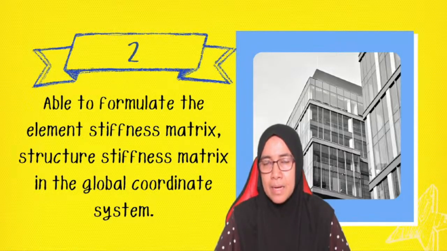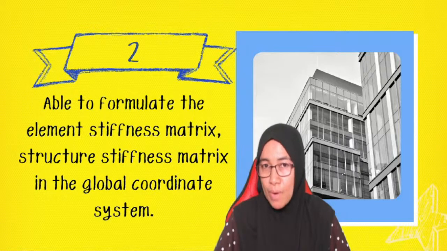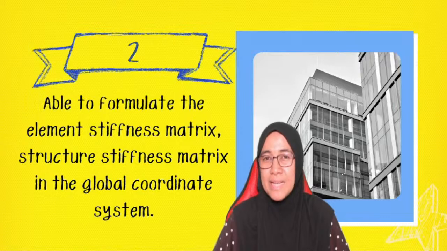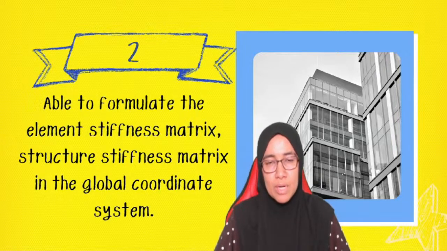Okay, and the stiffness method is actually the theory behind structural engineering software. So we will have to refer to the coordinate system. There are two types of coordinate system, the local coordinate system and the global coordinate system.